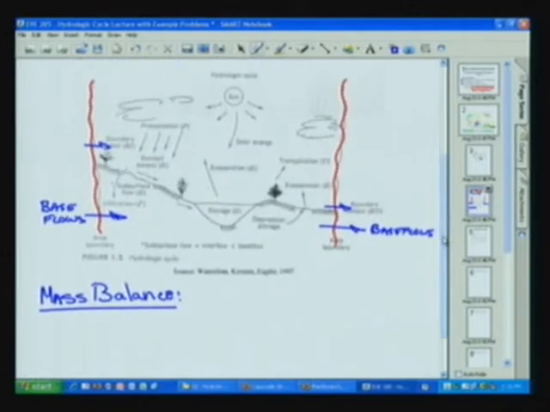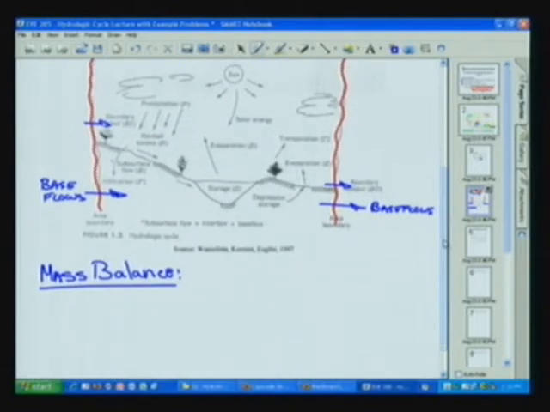In this case, we would have our boundary input surface coming in, plus the boundary input that is subsurface, plus our precipitation. Those are all things that are coming into the system.